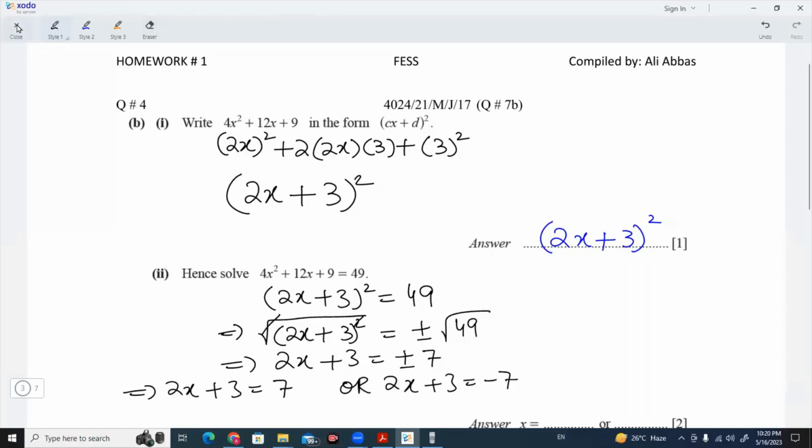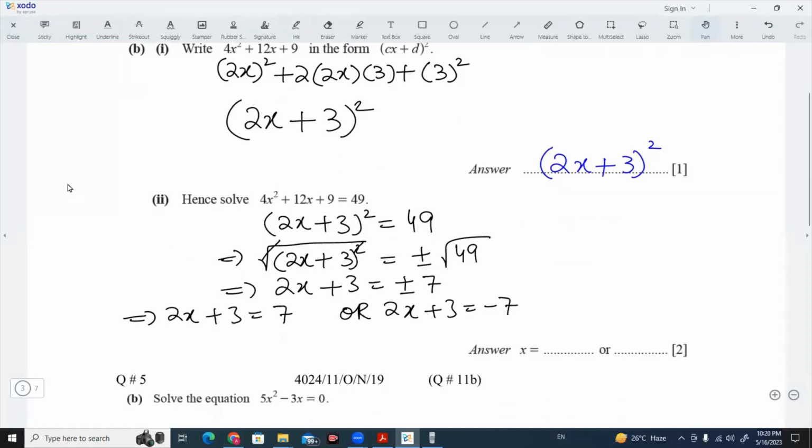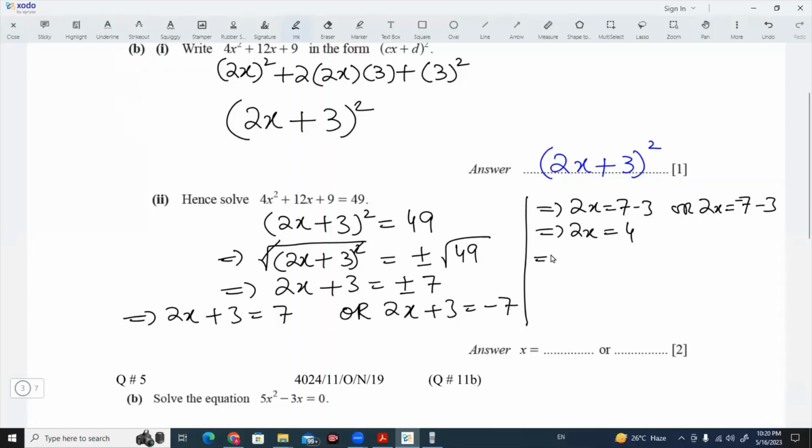So we have to solve both of the equations. For the first equation, we bring 3 onto the other side. It results in 7 minus 3. For the second, it's also 2x equals minus 7 minus 3. So 7 minus 3 results in 4. 4 divided by 2 results in 2.